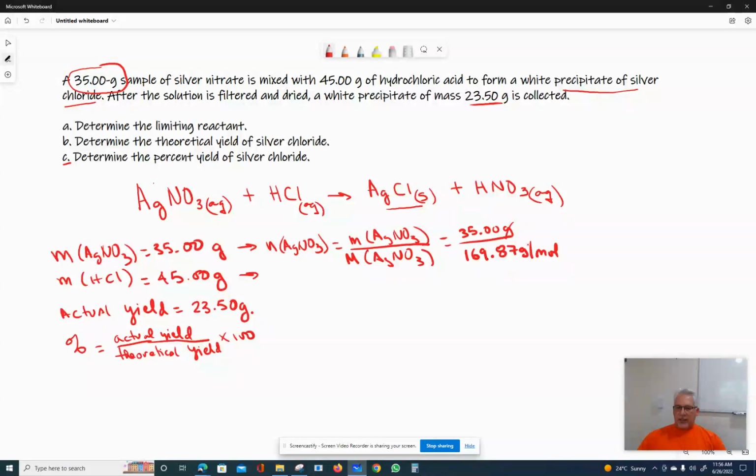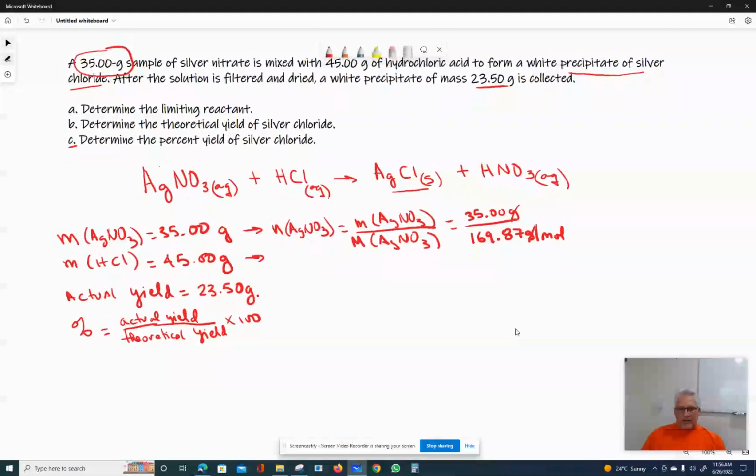So gram and gram cancel out. Maybe you are wondering, how did I get this number? Let me scroll a little bit up and I can show you how to calculate the molar mass of silver nitrate for those of you who don't remember how.